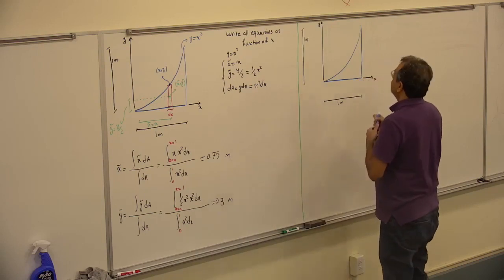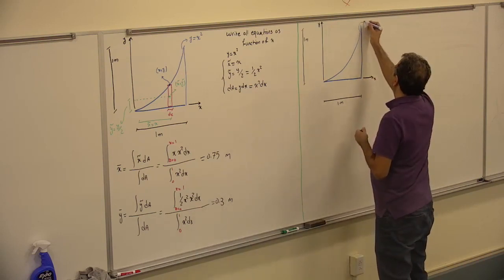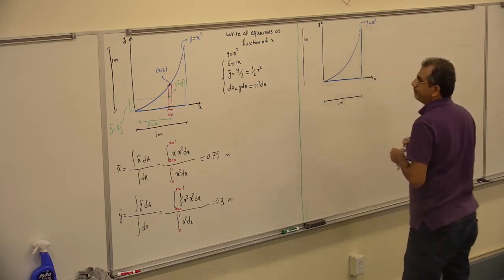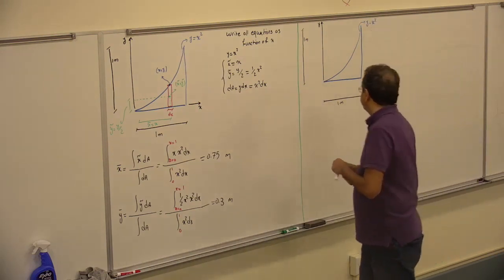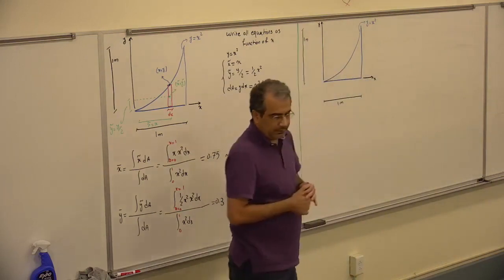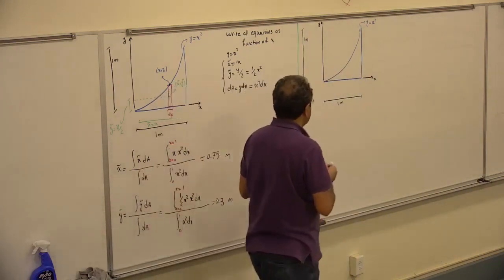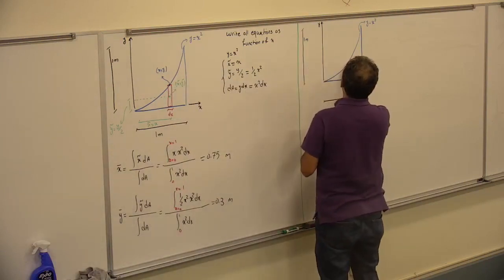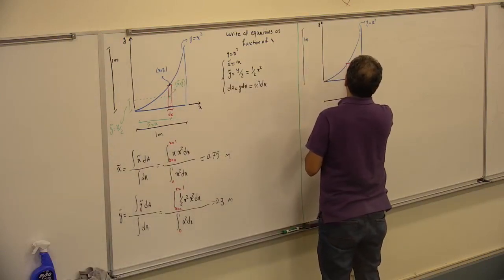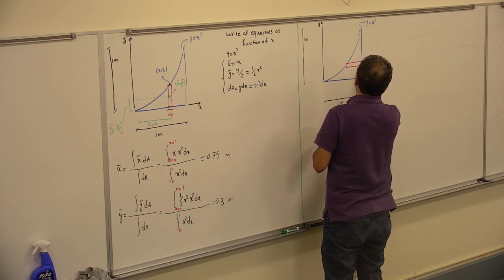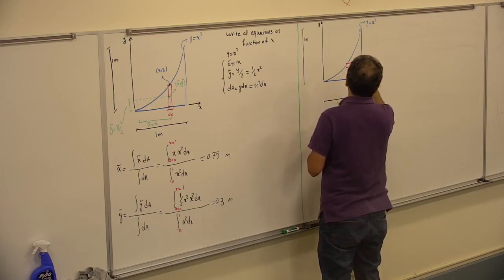Y equal to... So this time, instead of having the vertical element, taking the horizontal. It's going to be somewhere there. That's my horizontal element.